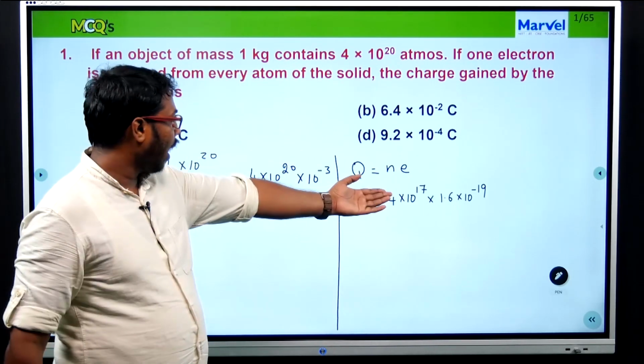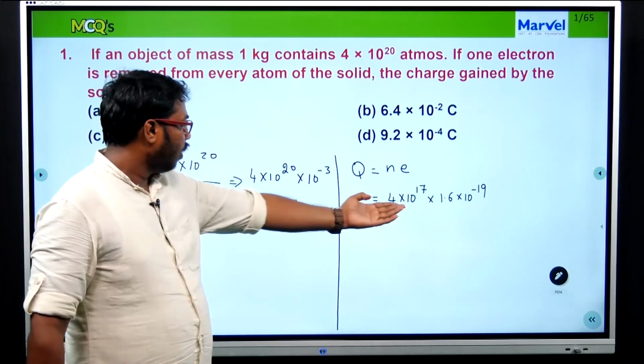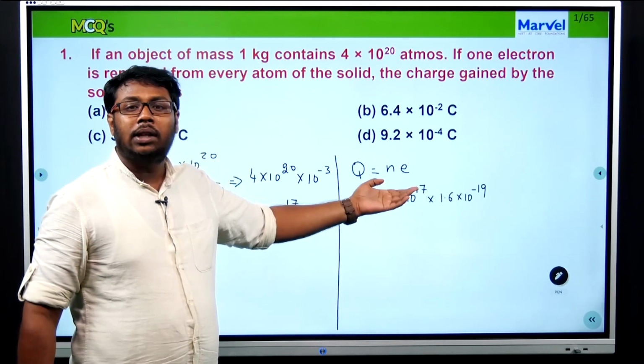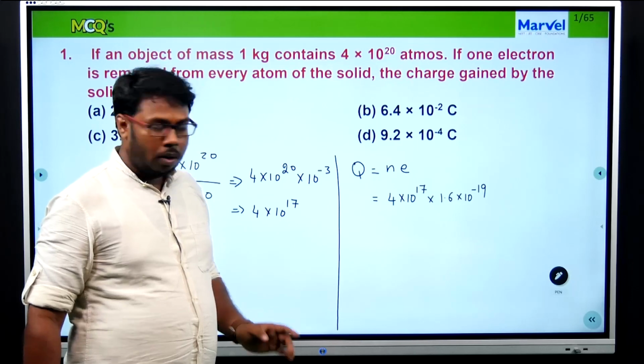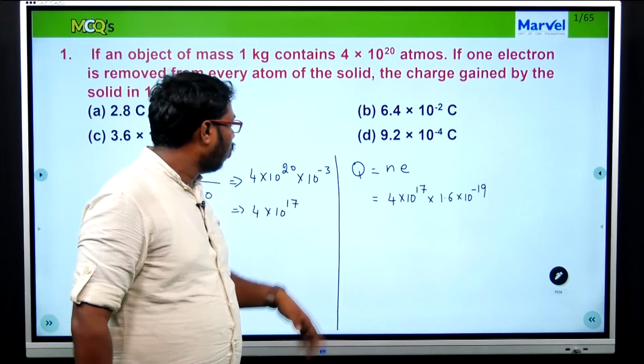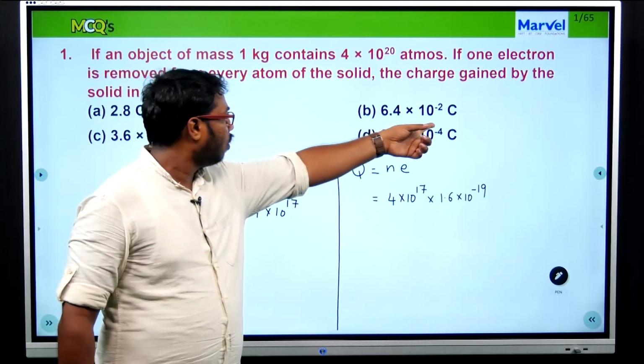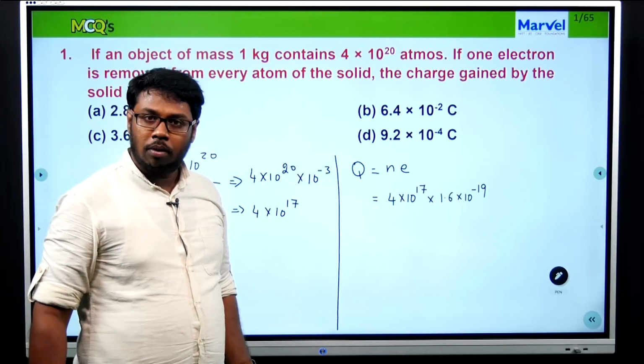So now the calculation is very simple. If you manage to reach this step, you are 90% done with your problem, because 16 into 4 will definitely give you 64 and we have only one option which looks similar to that, right?